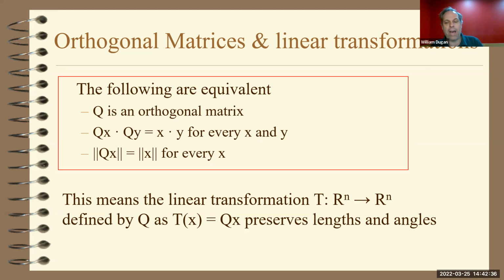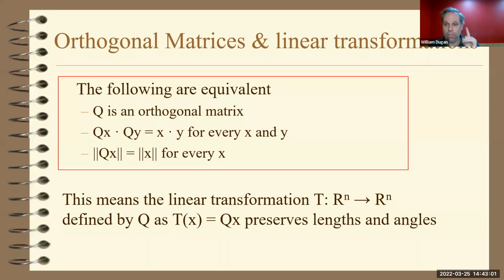Orthogonal matrices have a couple other really neat properties. One is that if you take two vectors and you take their dot product, now take those two vectors and take Q of each of them. So multiply X and Y on the left-hand side by Q, and take those new vectors, QX and QY, and take their dot product. Those dot products are the same, always.